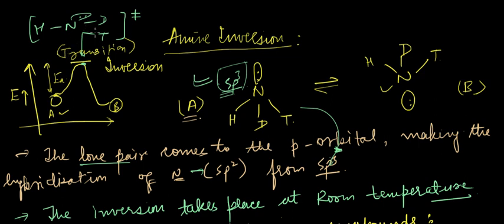Again, when the inversion happens, the sp3 hybridization of nitrogen is regained. So the lone pair comes to the p orbital, making the hybridization of nitrogen sp2 from sp3, and after inversion takes place, it converts itself from sp2 to sp3, or in other words the lone pair comes back to the s orbital from the p orbital. So the inversion actually takes place at room temperature.